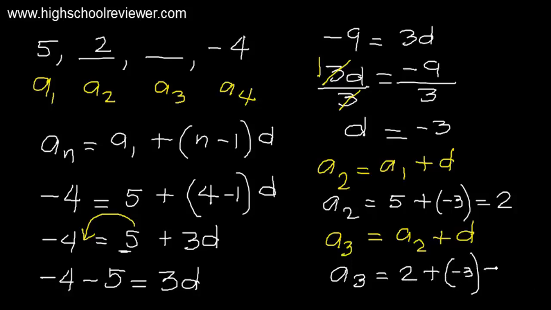So 2 plus negative 3 is negative 1. Therefore, our missing terms are positive 2 and negative 1. They are our final answers. Arithmetic means of an arithmetic sequence.